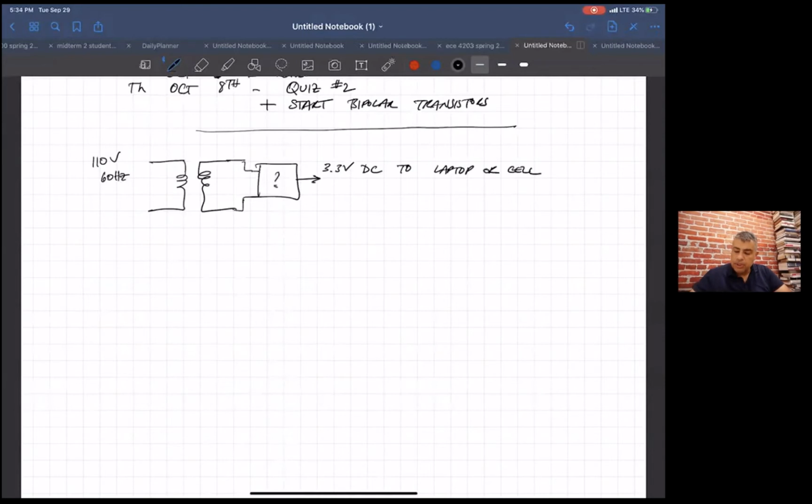Coming out of here might be, we said, 4 volt RMS, 60 hertz.